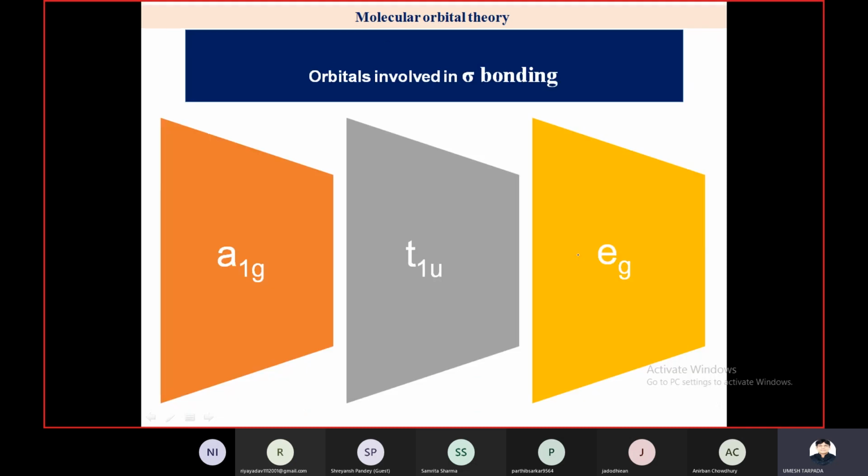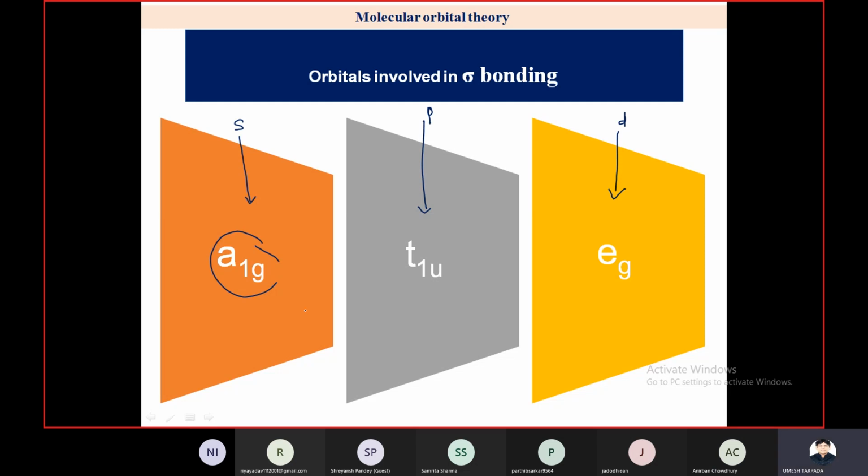So what are the orbitals available for sigma bonding? One is A1G, which comes from the s orbital. Then T1U, which comes from the p orbitals, and EG, which comes from the d orbitals.